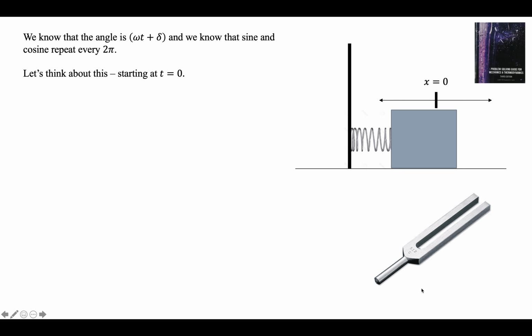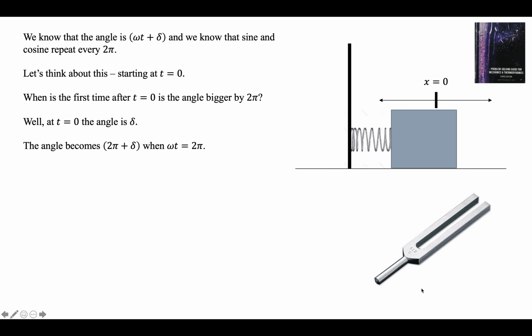So let's think about this starting at t equals 0. How long after t equals 0 is the angle bigger by 2 pi? At t equals 0, the angle's delta.